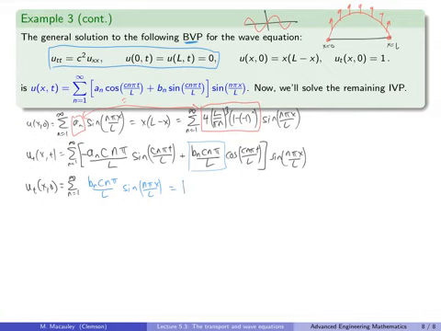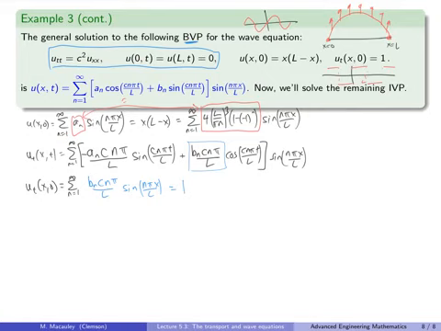Well, how do we do that? We also have to write 1 as a Fourier sine series. Remember what that looks like? We have the function that's defined to be 1 on 0 to L. To write this as a sum of sine waves, we have to compute the Fourier sine series. So we compute the odd extension: make it odd, make it periodic, and compute the Fourier series of that guy.